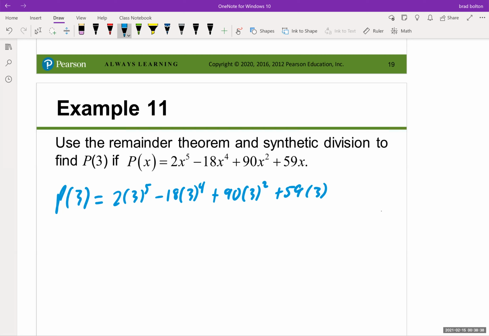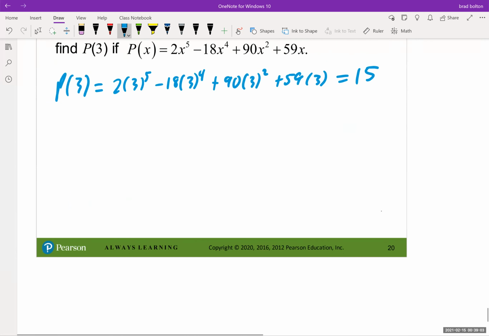I'm just plugging it in right now. So I get 15 as my value. What this is telling me is that if I get 15 when I do p of 3, then if I do synthetic division, I will also get 15 as the remainder. Let's see if the remainder theorem is correct in telling us that.